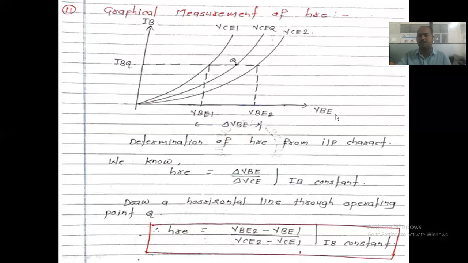VB indicates the base to emitter voltage, IB indicates the base current. We increase the value of VB and note down the value of IB. In that case, we take VC1, VCQ and VC2 as constant for a particular plot.